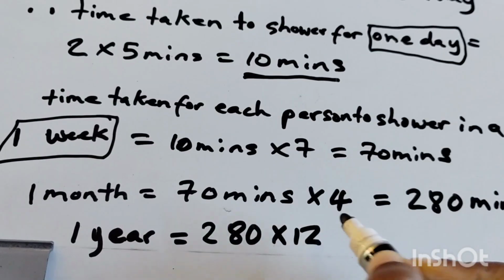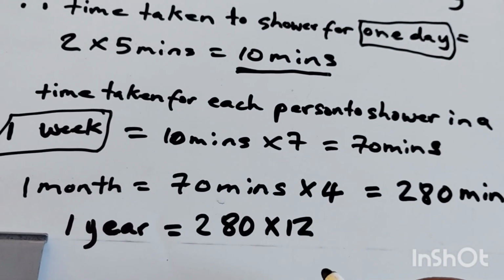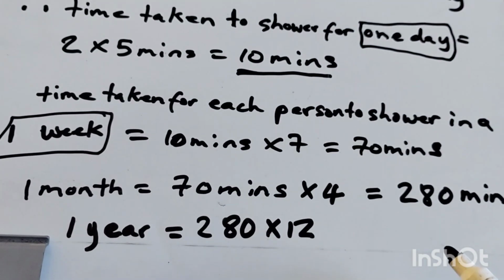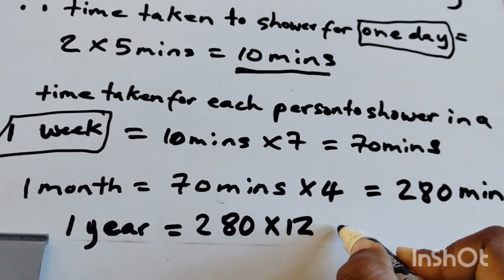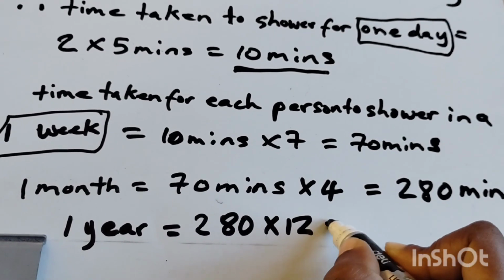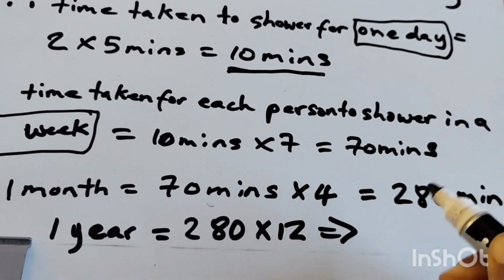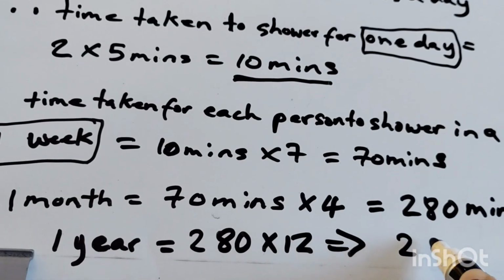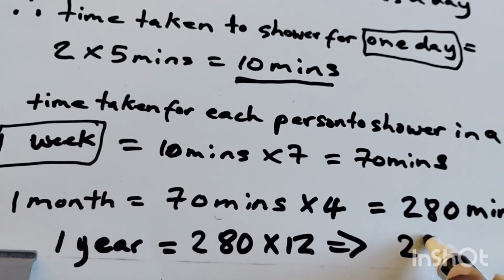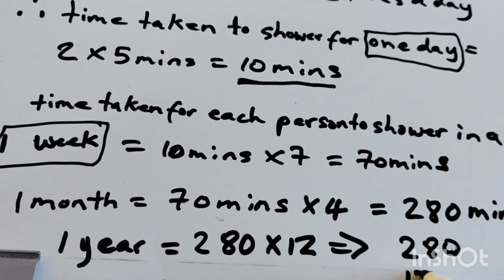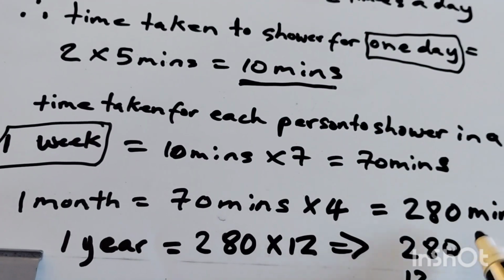Right. We were saying that there's approximately 4 weeks within a month. So 4 times this would give you 280 minutes. And that would give you how long it takes a person to shower within a month.